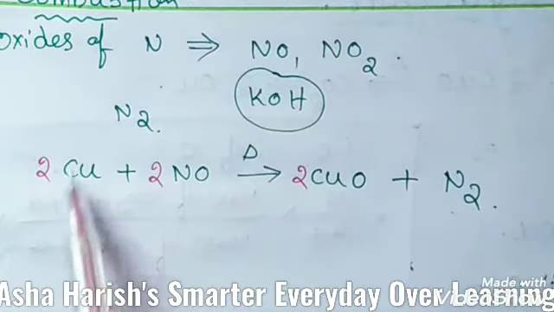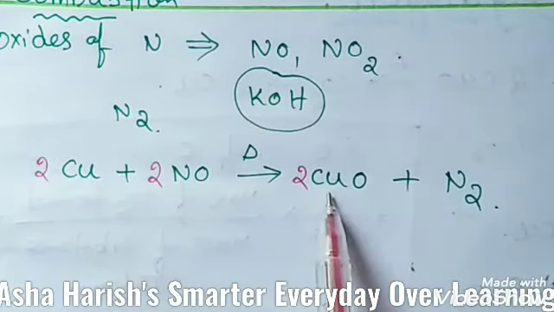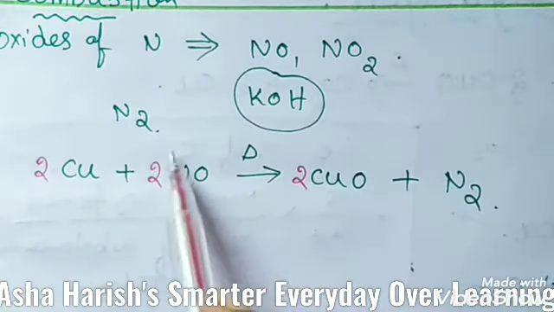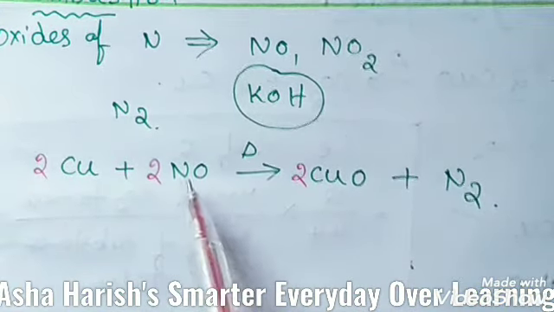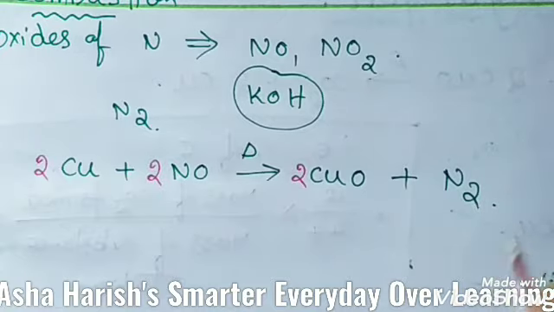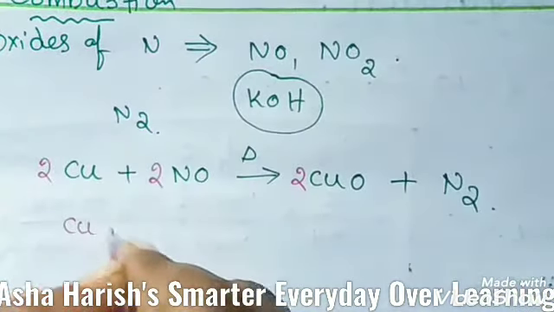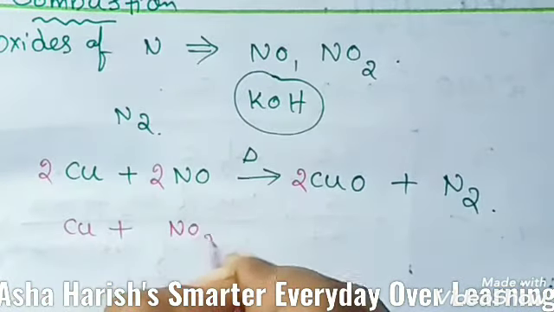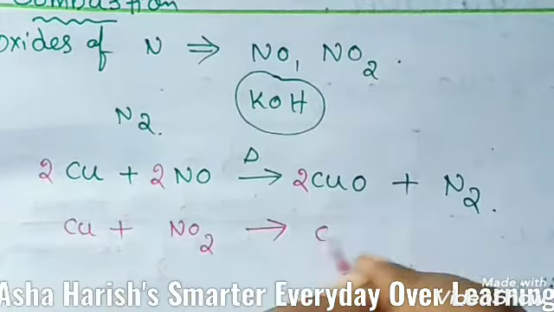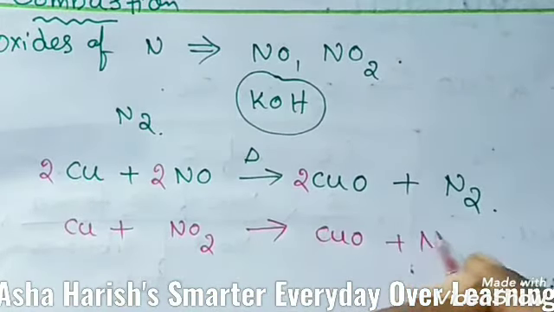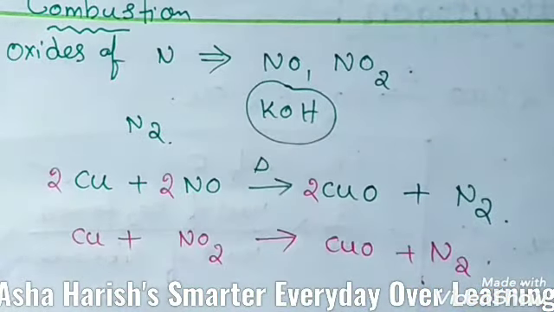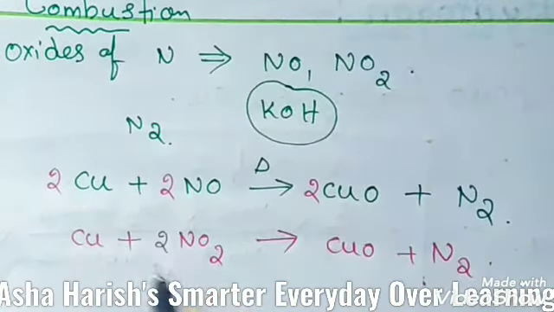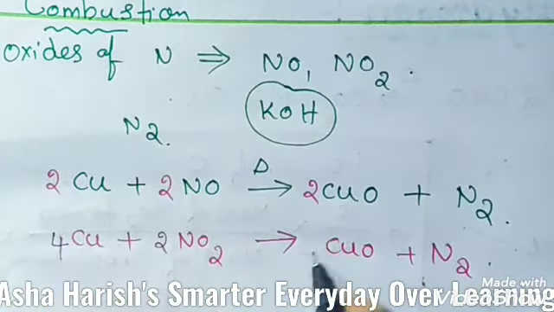Here Cu is oxidized to CuO, and NO is reduced to N2. Similarly, Cu plus NO2 gives CuO plus N2, and if you balance this, place 2, 4, 4.